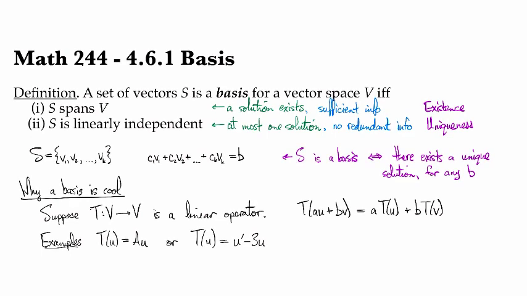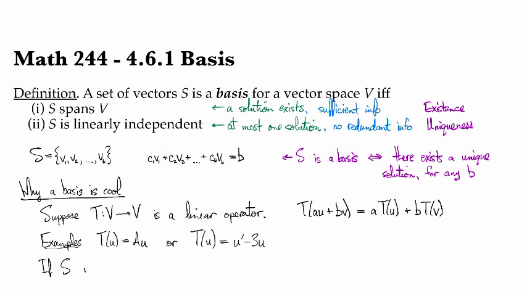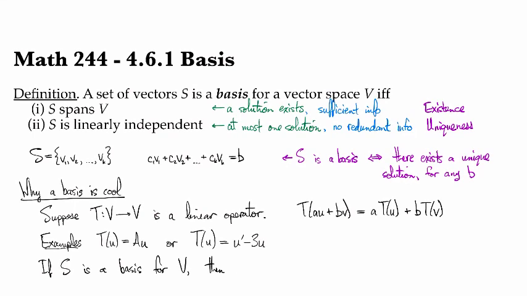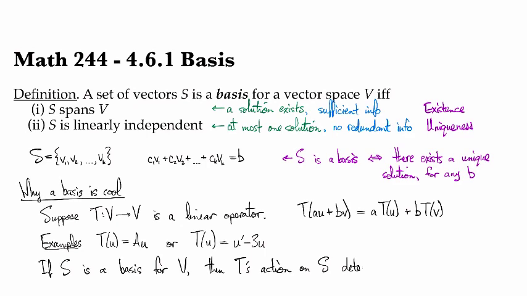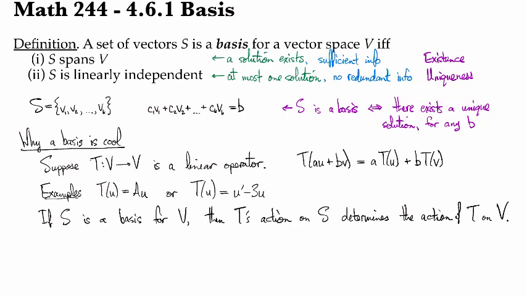The crucial point is that if S is a basis for V, then the action of T on the basis determines the action of T on the entire vector space.